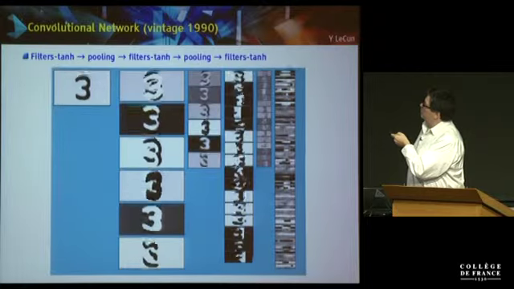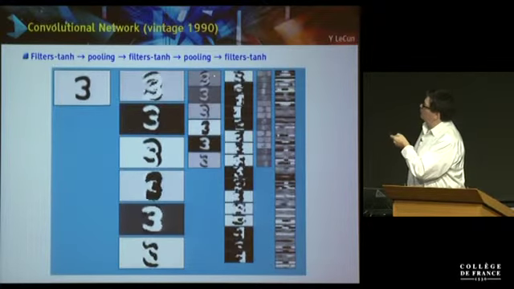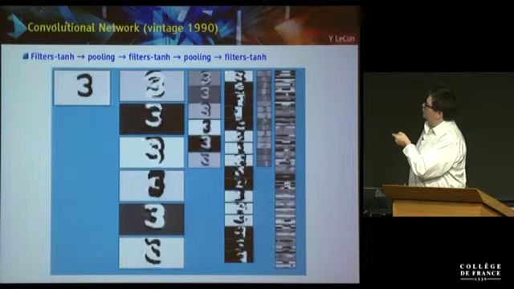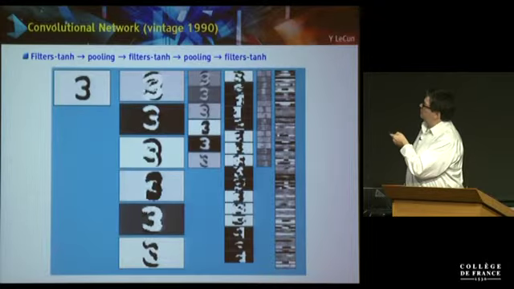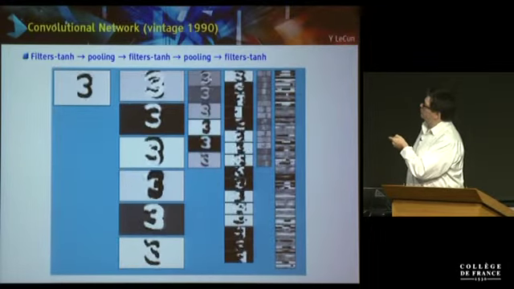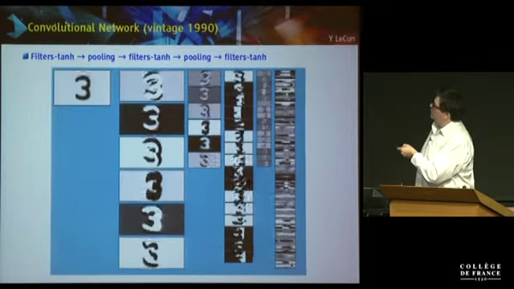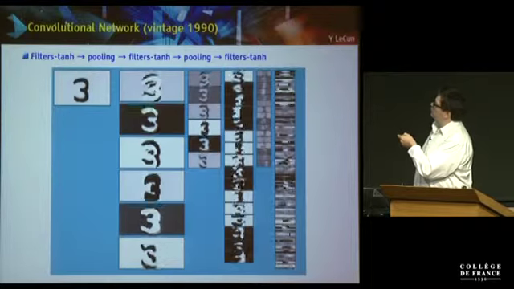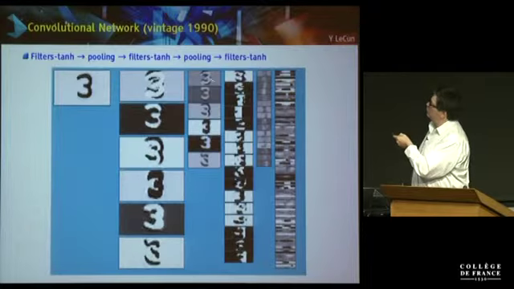Each value of this map is obtained by convolution with a convolutional kernel, 5 by 5 here, on the previous map, but also combined with the other maps. So we have 6 convolutional kernels applied to these 6 maps simultaneously, then added, and then a nonlinearity to produce this one.